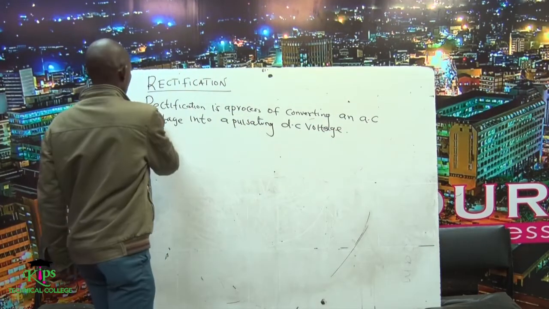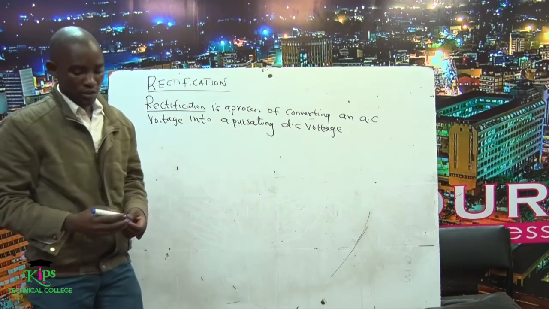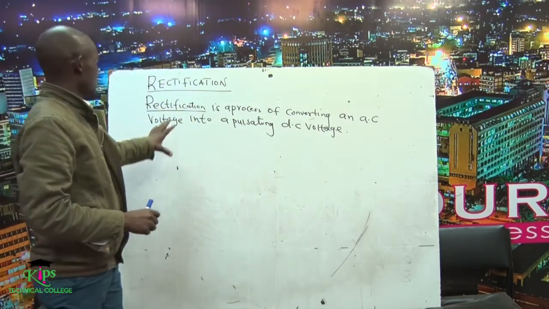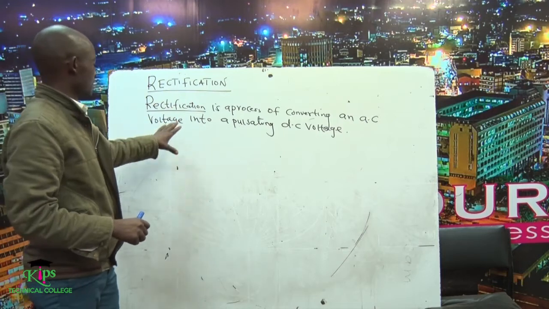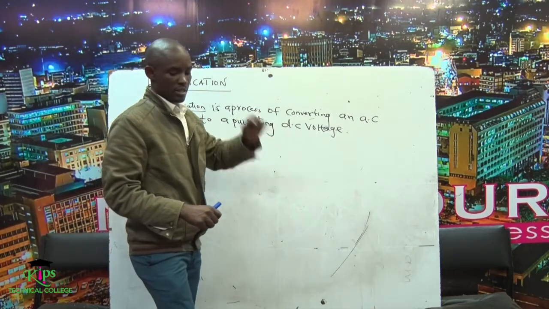So that is the definition of rectification. Remember, we have said rectification is a process of converting an AC voltage into a pulsating DC voltage.